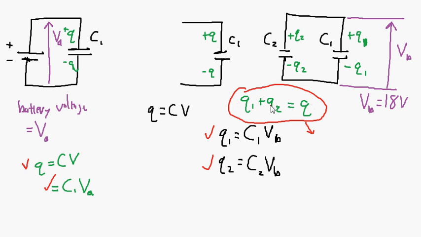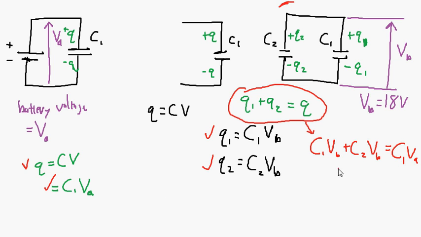On the left side we have where the charge is after this operation is done, and the earlier charge is this equation. We know it's the same amount of charge, so that's easy. So C1 VB plus C2 VB, that's Q1 and Q2, equals our original Q, which was C1 VA.